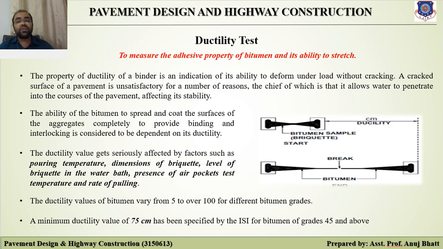However, as the bitumen produced from Assam Petroleum in India has much lower ductility values, the minimum ductility value specified is only 15 cm for the bitumen grade A65, that is from Assam, for use in certain regions. So this is all about the ductility test, its procedure, the specimen we are using, and the ductility machine we are using.